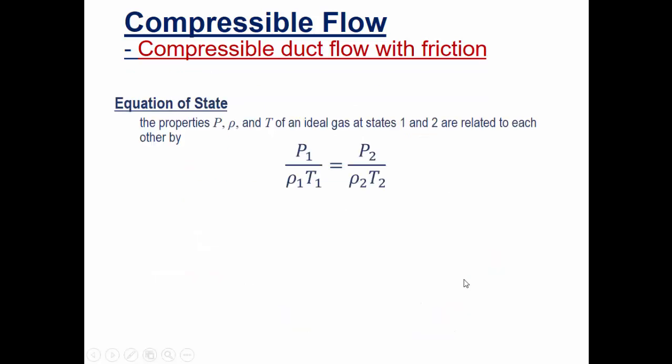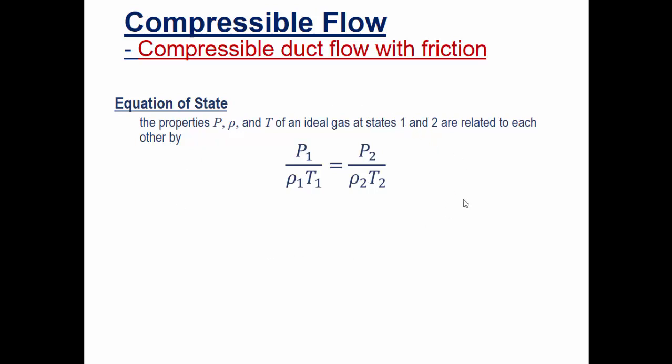Next, we're going to look into the equation of state as well, because we're talking about the ideal gas. For the equation of state, the state of the ideal gas remains constant before and after the control volume. It is not the specific properties that are constant, but the combination of the properties, where P1 divided by rho1 times T1 is equal to P2 divided by rho2 times T2 throughout the process before and after the control volume.